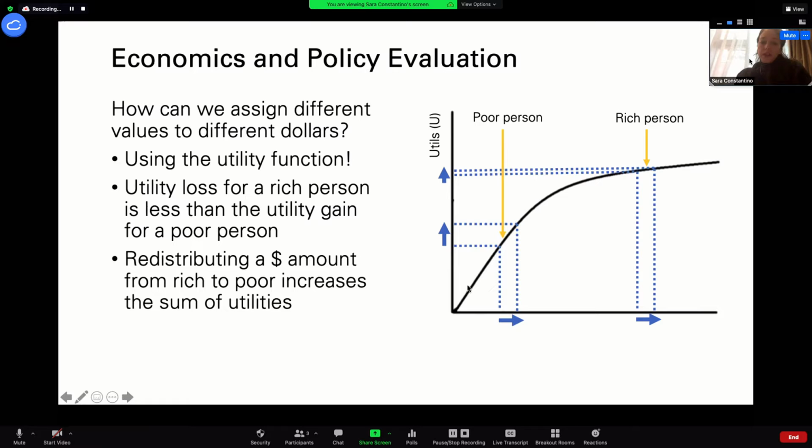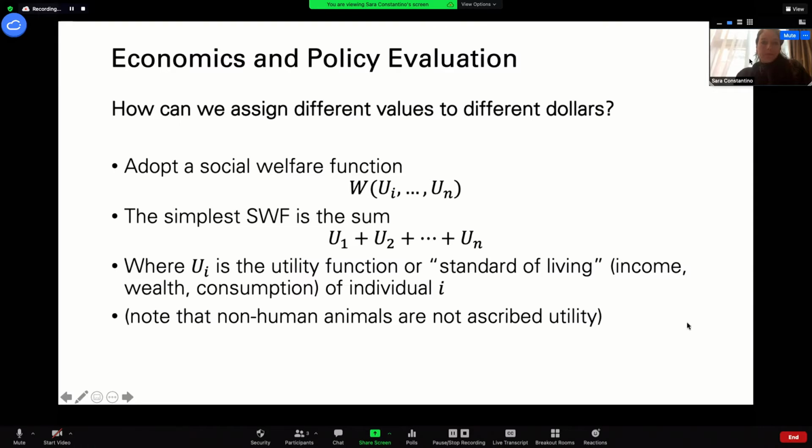And how curvy this function is determines a society's tolerance for inequality. So the curvier it is, the less tolerant of inequality, the more you would value redistributing the resources. Okay, so now if instead of summing up dollar costs and benefits, we adopt a social welfare function, we can include the subjective value associated with different levels of income or wealth through the utility function in our policy evaluation, and then sum these up instead.